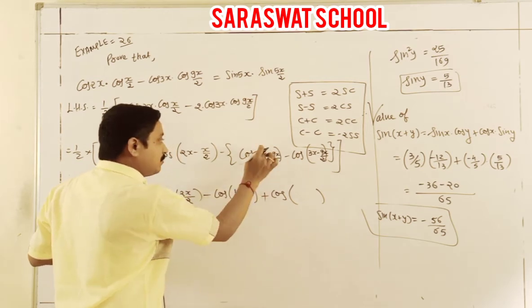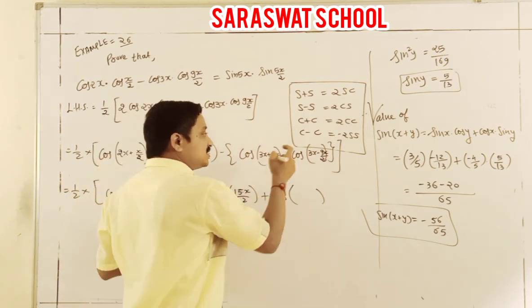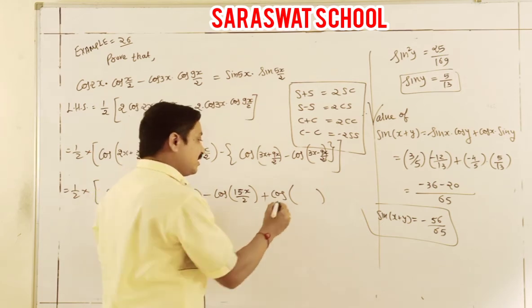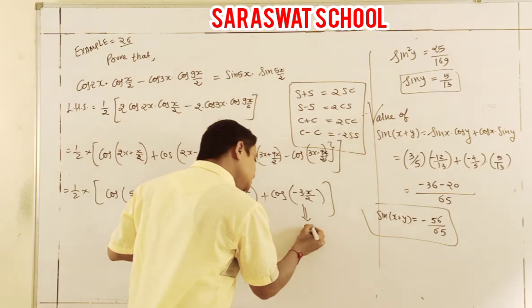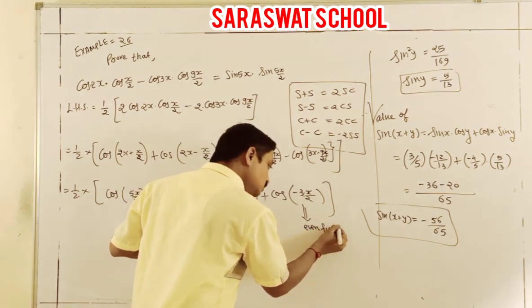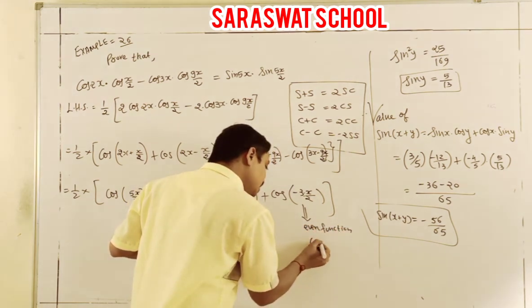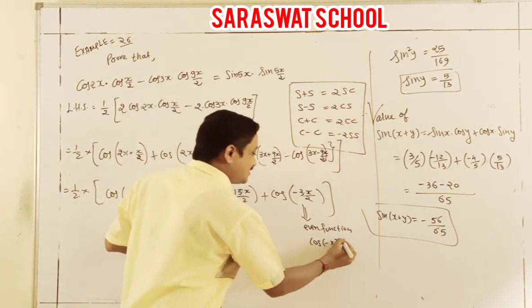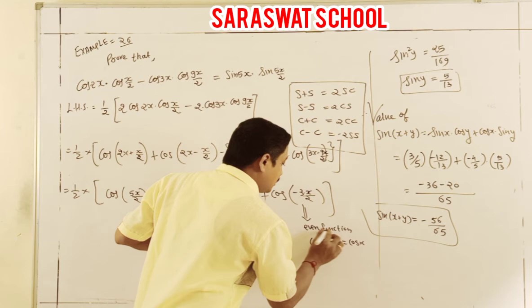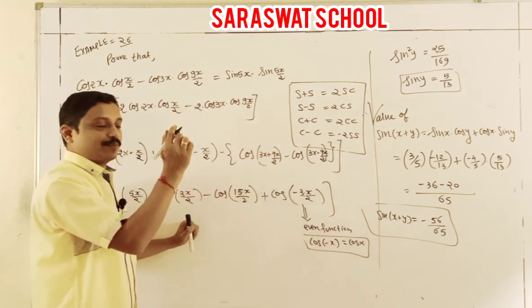Again repeat, 9 plus 6, 15, and here 6 minus 9, minus 3x by 2. But students, this you know, it is an even function. You know even function: cos of negative inside, it is positive outside. This is only and only the cos x property.